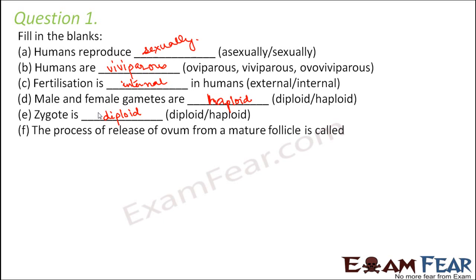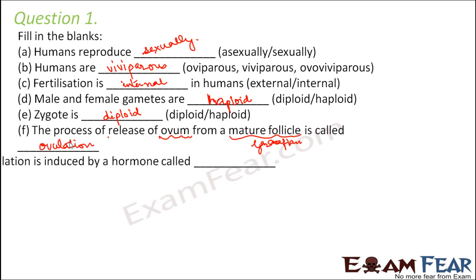The process of release of ovum from a mature follicle is called ovulation. So ovum is nothing but the egg. Mature follicle is nothing but the Graafian follicle. And the Graafian follicle is present where? So this process of release of ovum from the ovary is known as ovulation.